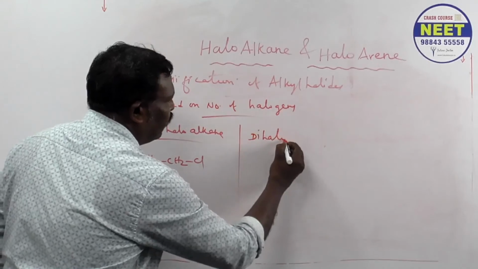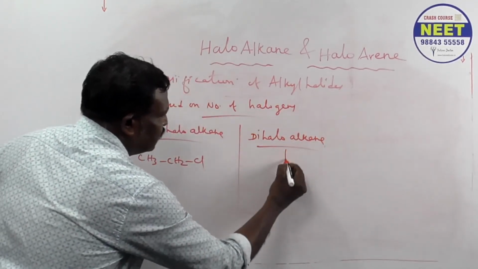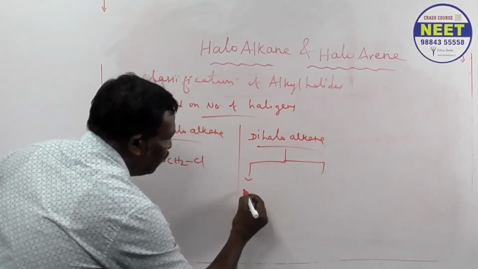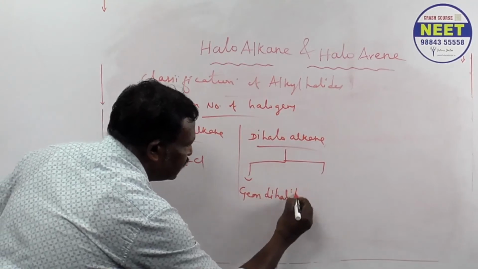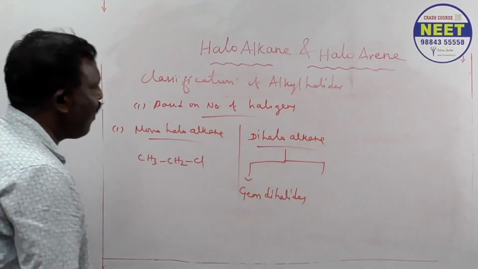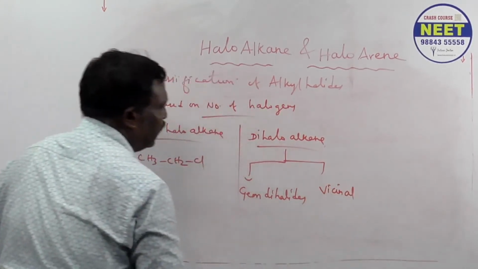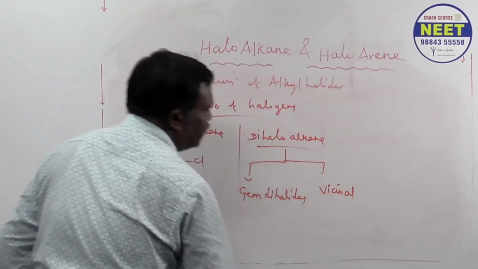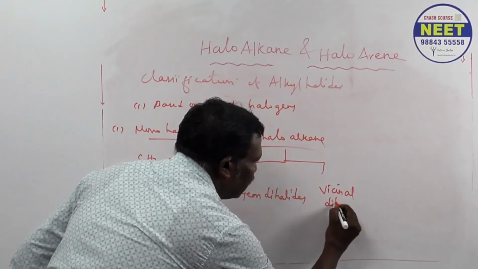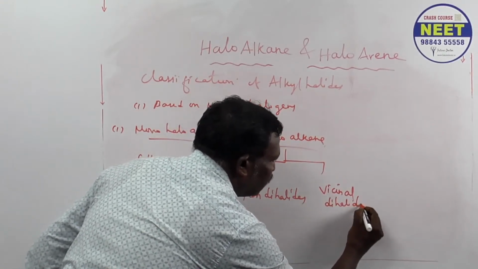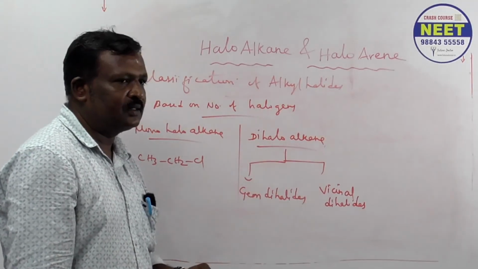Dihaloalkane. Understood? They classify it into two types. One is called gem dihalides, and the other is vicinal dihalides, or sometimes they simply say vicinal halides.